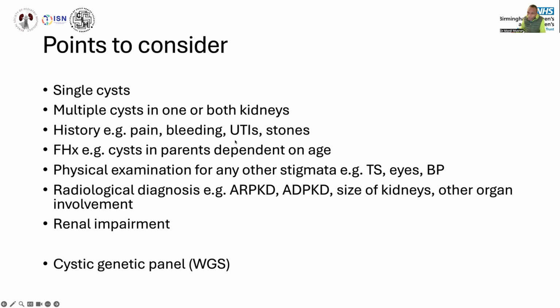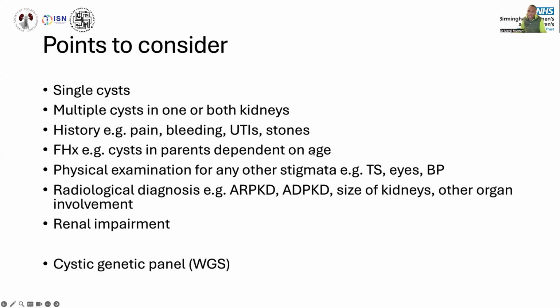Have there been urinary tract infections, or is it somebody who's had stones in their kidney and these stones have gone away? Is there a family history of cysts in the parents? And how old are the parents? Are they in their 30s or 40s? Because obviously, if the parents are in their 20s and they don't have cysts, it could still mean that they might develop theirs.